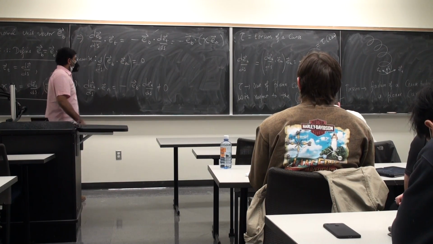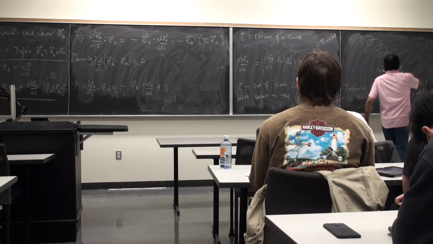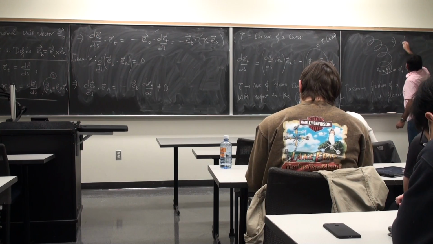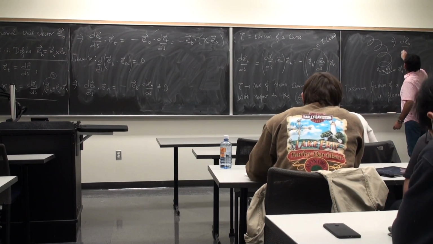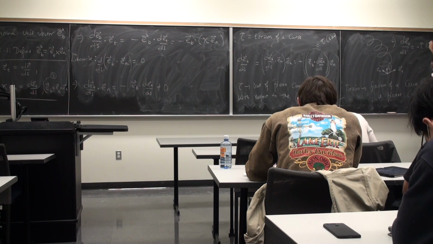And so this is now our fourth Frenet-Serret formula: dEB by ds equals minus tau En.